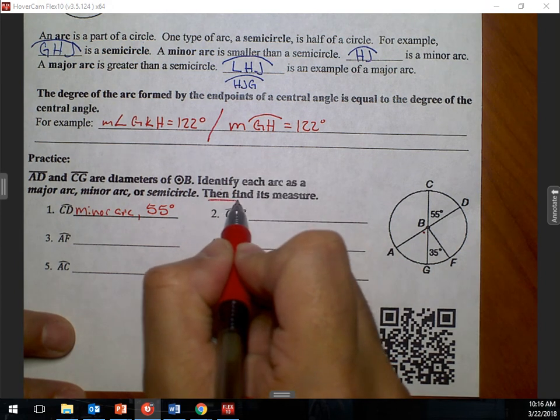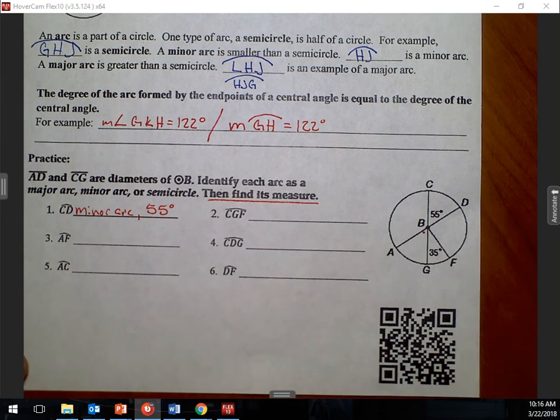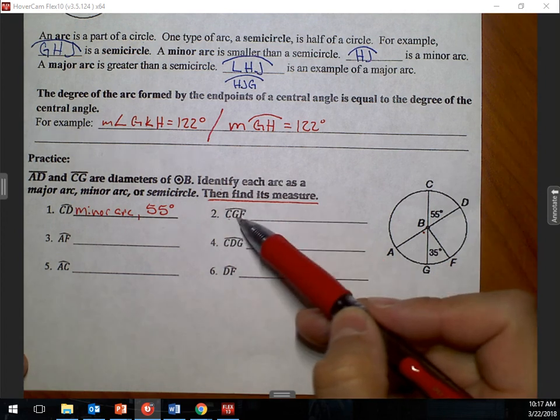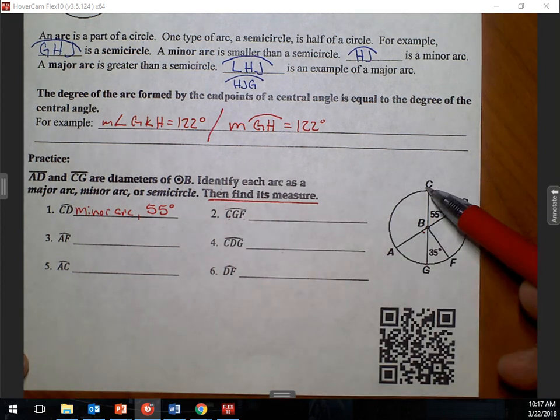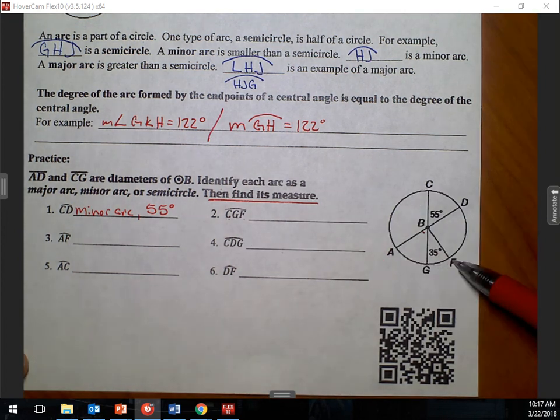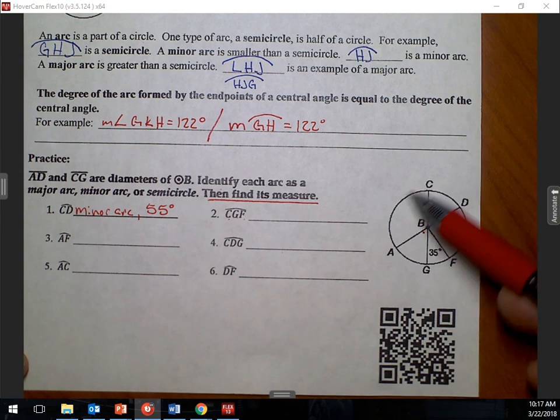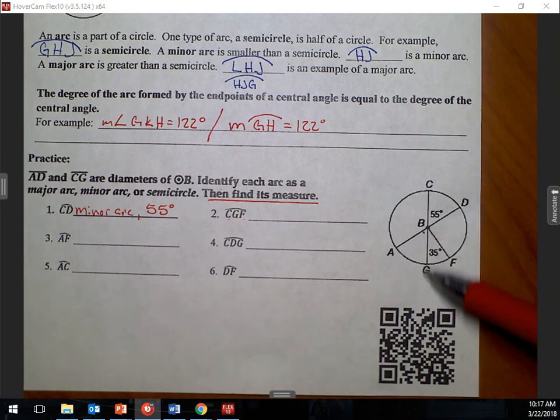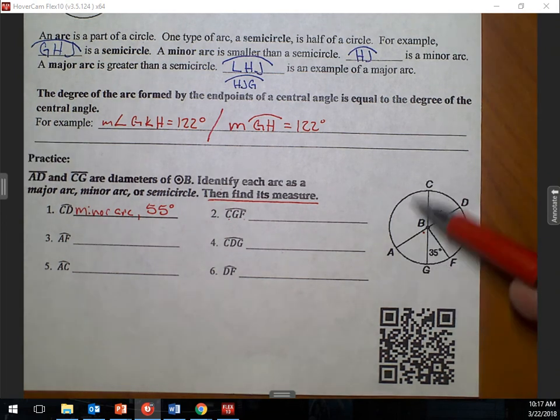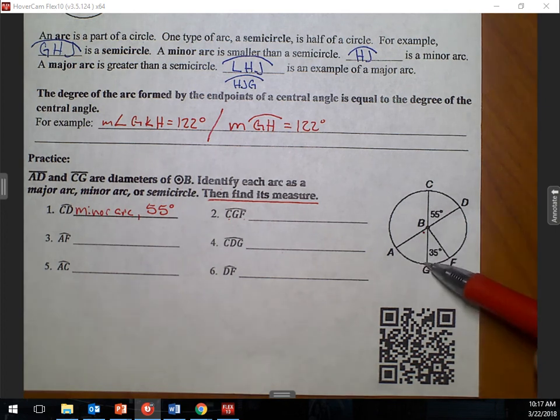See right here where it says find its measure? Yeah, that's what I'm looking for. Number 2, CGF. C to G to F. So from C to G, we know CG is a diameter, so that's going to be how much? 180. But now, I'm going a little bit more, aren't I? Major arc. That is a major arc.